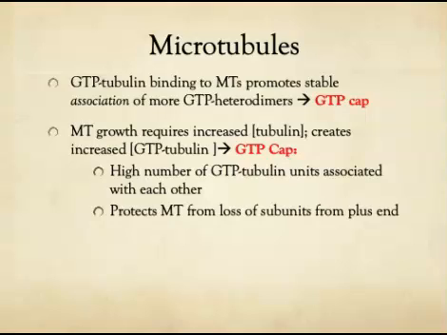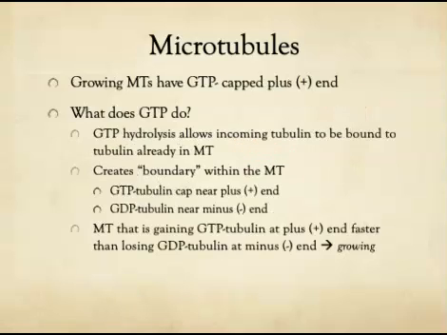In other words, the GTP cap helps prevent the removal of heterodimers from the plus end. The removal process will only happen at the minus end because there won't be a GTP cap on the minus end. So any growing microtubule is going to have a nice heavy GTP cap at its plus end. The more GTP heterodimers come on at the plus end, the more are attracted, and the cap will grow.